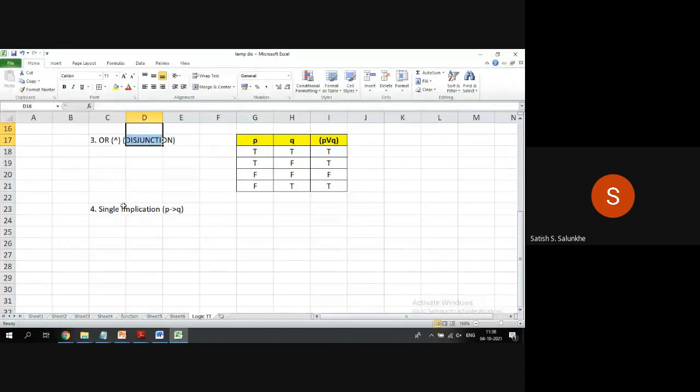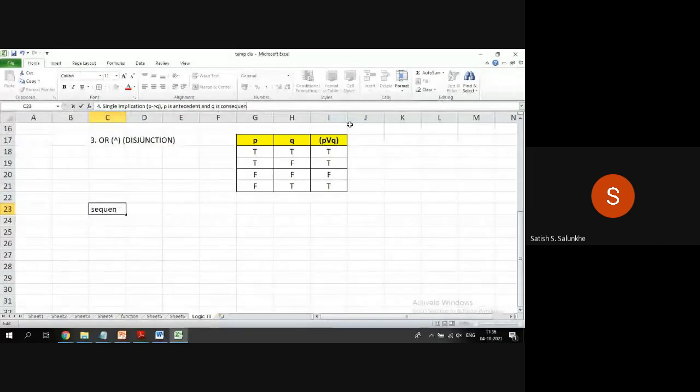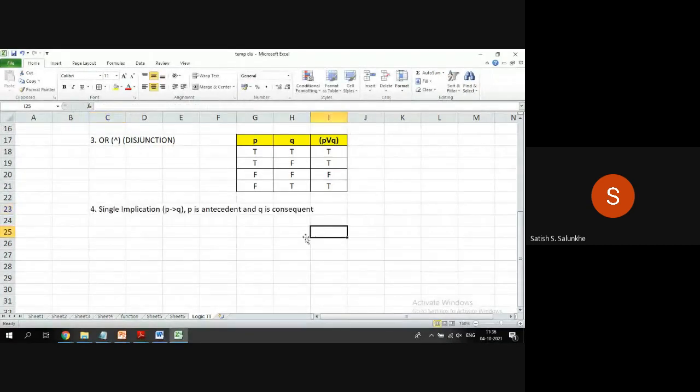In this, P is the antecedent, and Q is the consequent. Okay? Let us try to understand this.